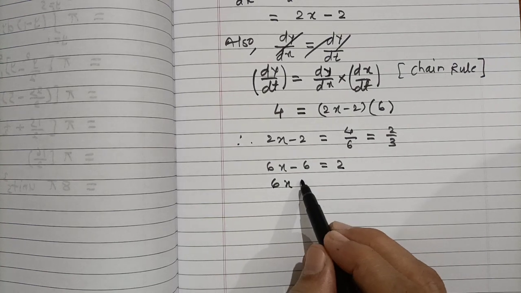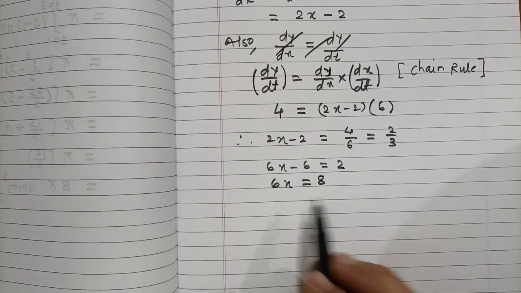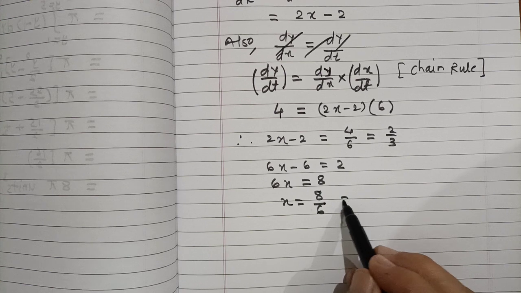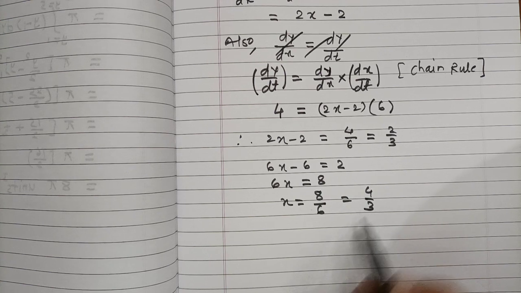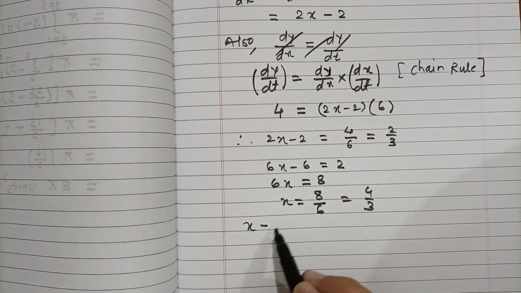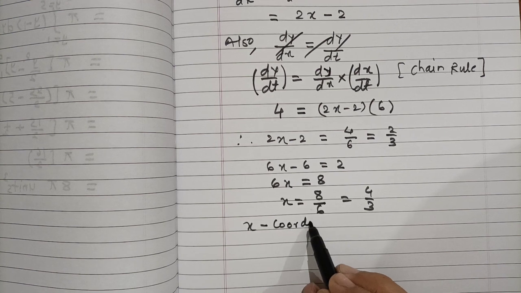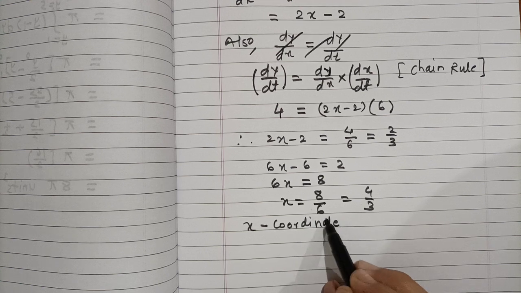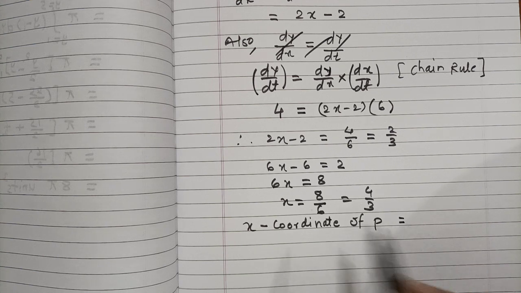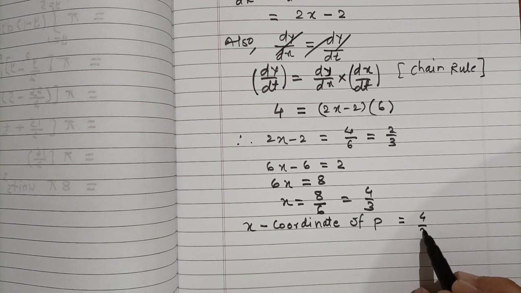So 6x is equal to 8. So x is equal to 8 by 6, which is equal to 4 by 3. So the x coordinate of P is equal to 4 by 3.